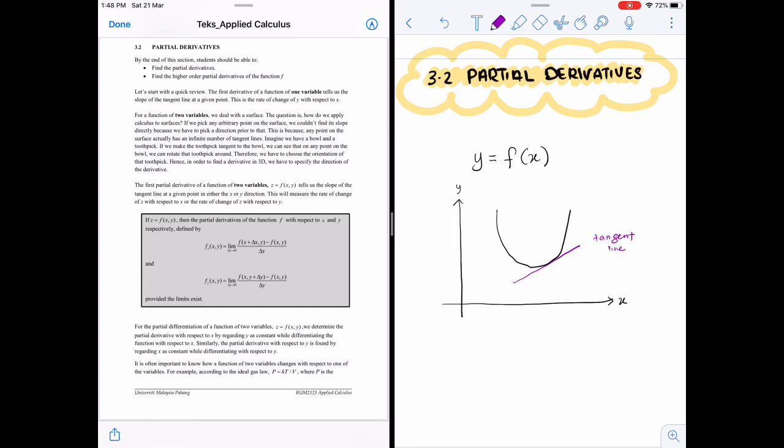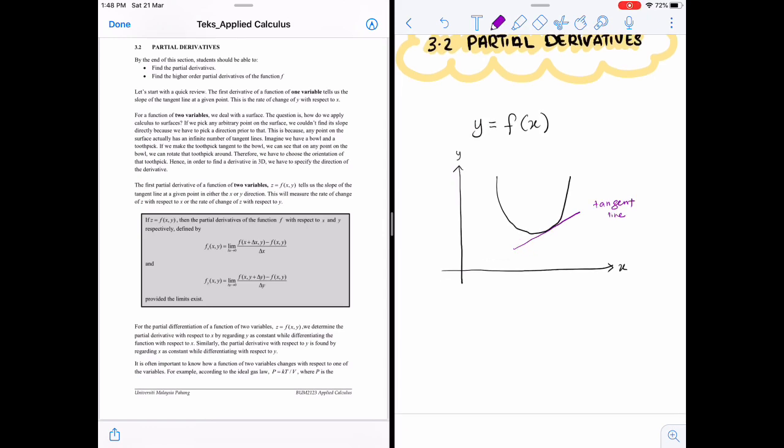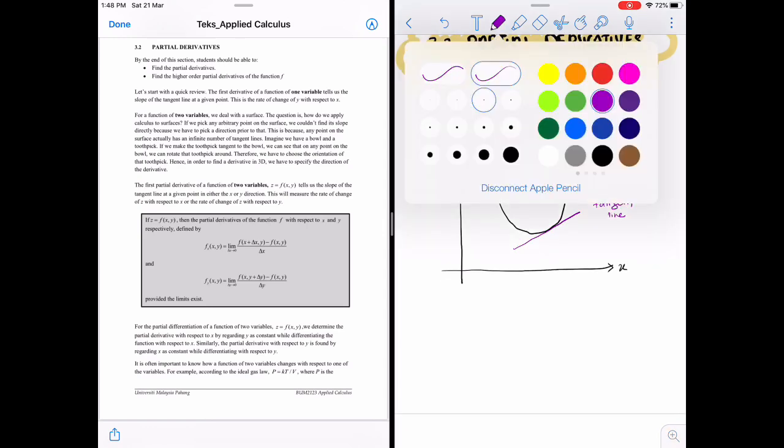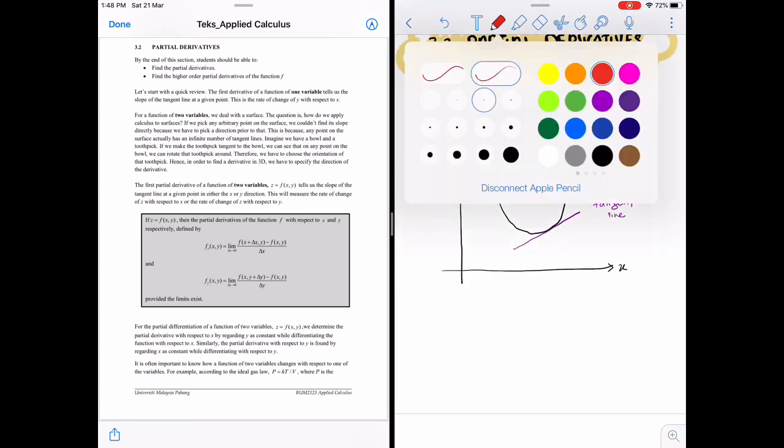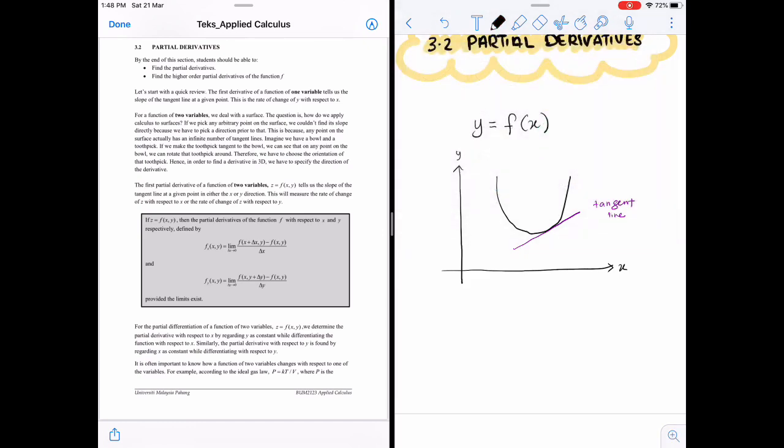The gradient of a tangent line is actually the first derivative of a function f with respect to x, by using the first principle of derivative. This principle comes from the formula to find the gradient of a line, m equals y2 minus y1 over x2 minus x1.